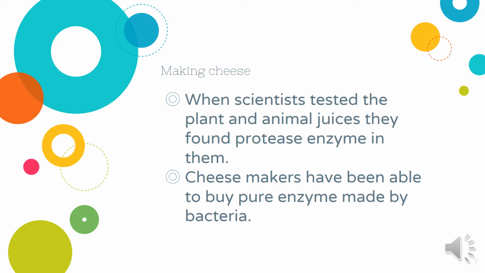It's not affordable all the time to use the animal juices, so in factories and industries, they did what? They make the enzymes by using bacteria and fungi in large quantities. So the cheese makers are using what? The enzymes, like protease, to make the cheese.